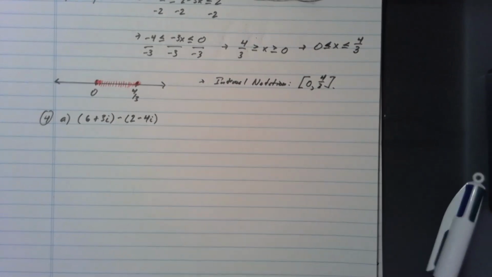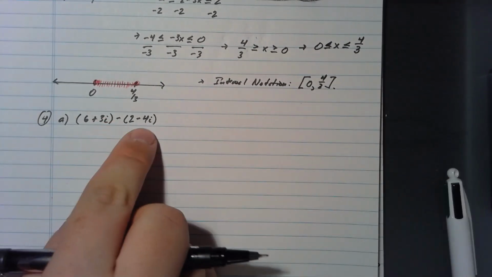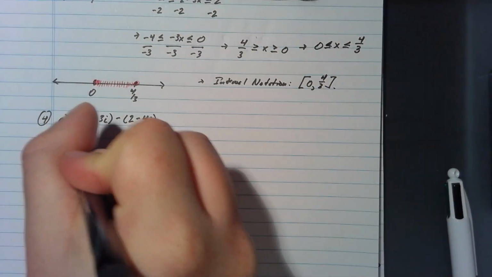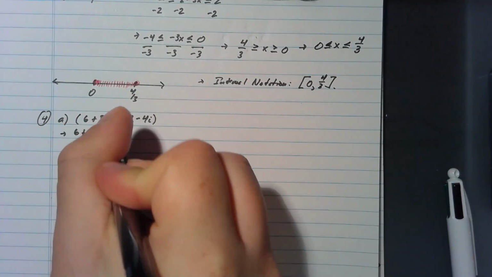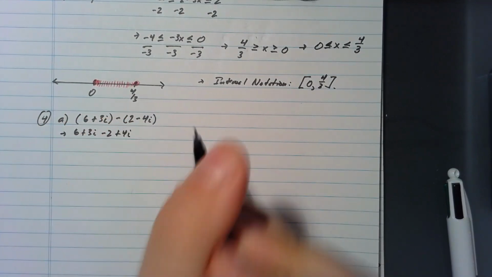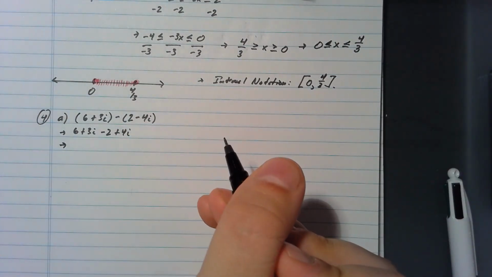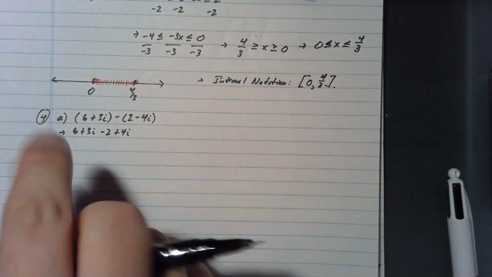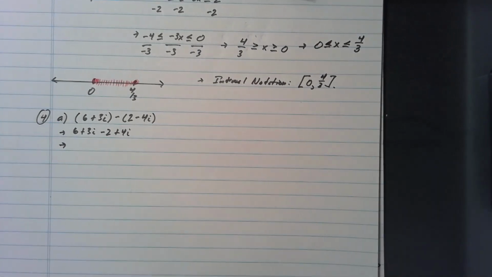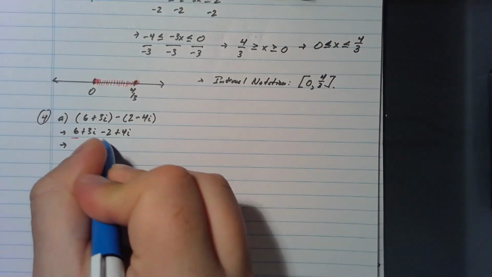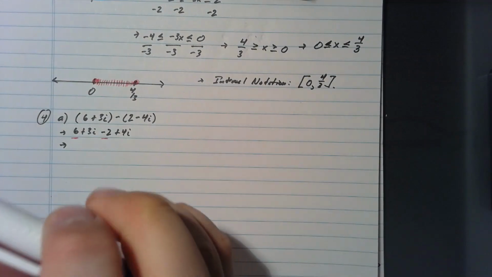So how do I write this in standard form? Well, just distribute the negative. So I have negative 2 plus 4i. And now just combine the real and imaginary parts. The real parts are 6 and minus 2.